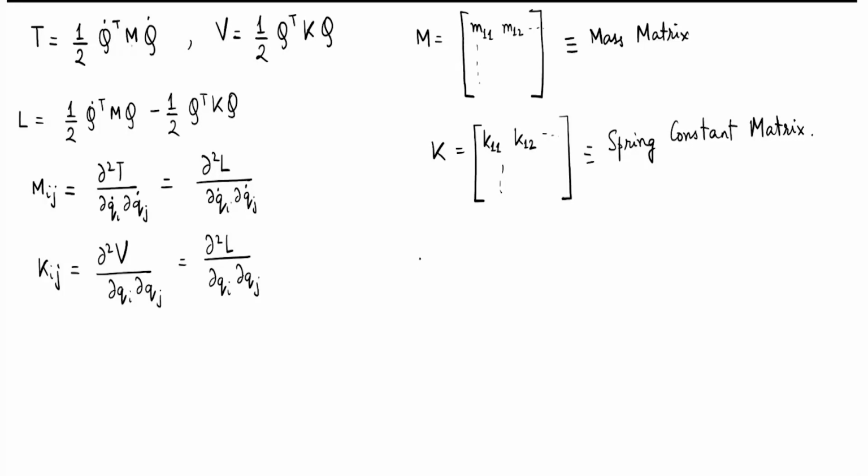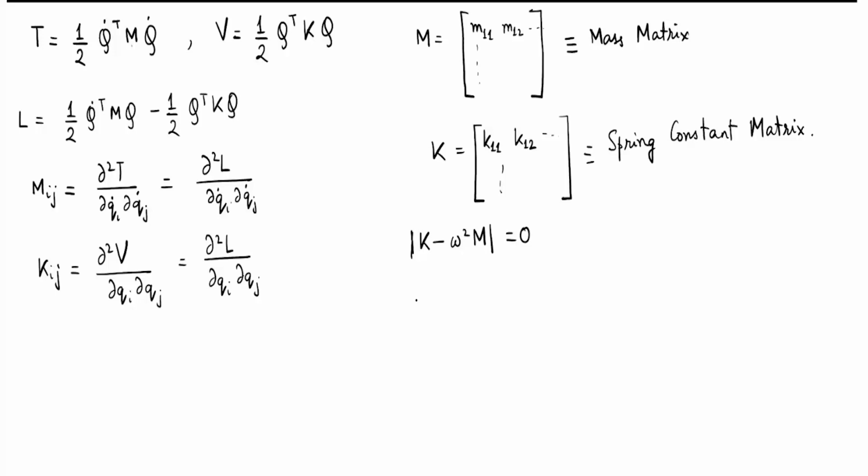If you take the determinant of K minus omega square M equals 0, this will be a polynomial function of omega in terms of all these spring constants and masses.